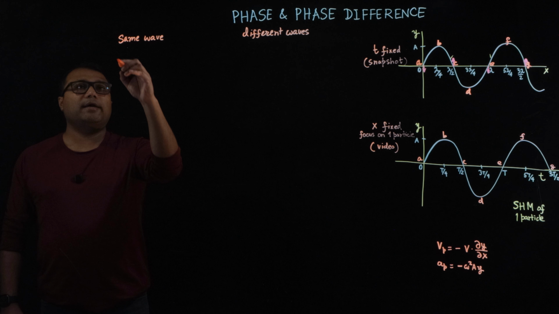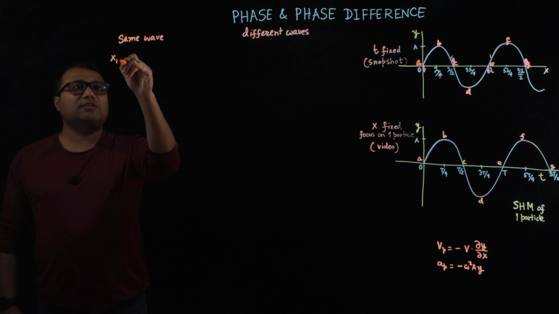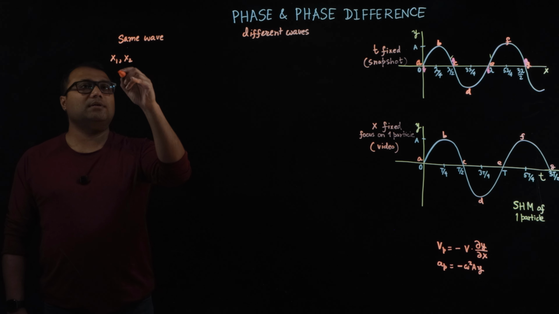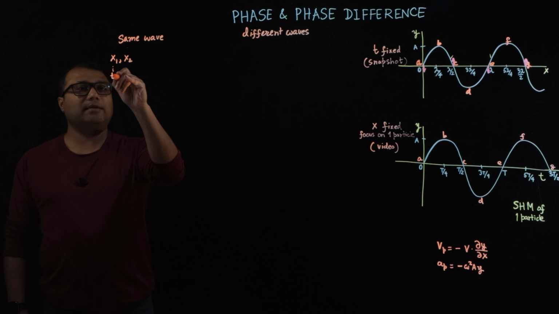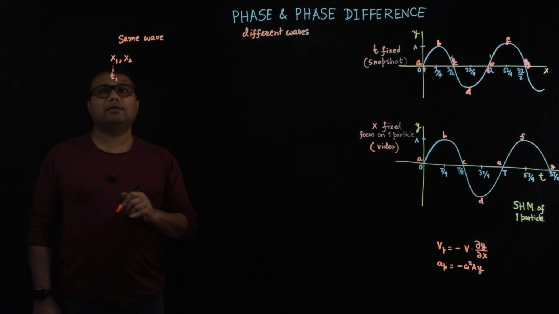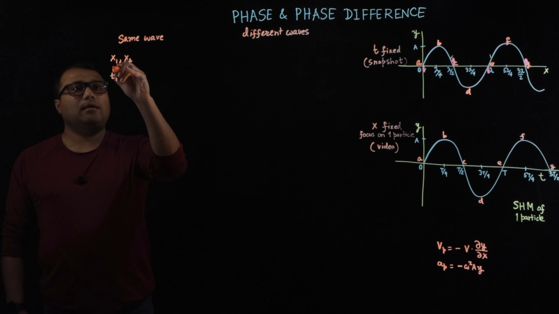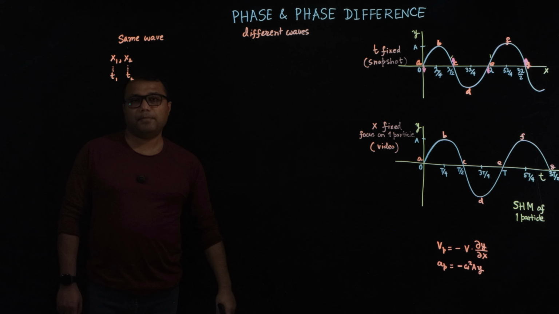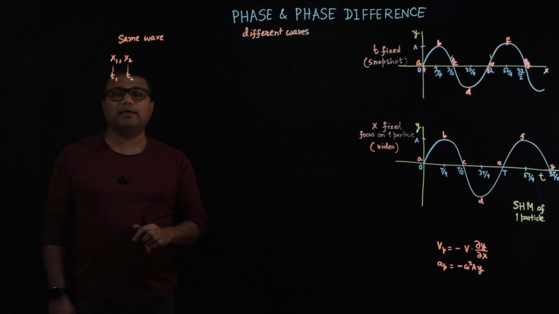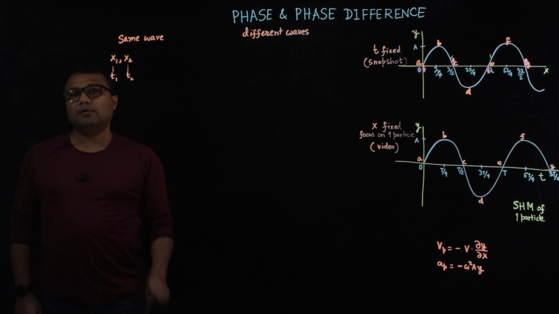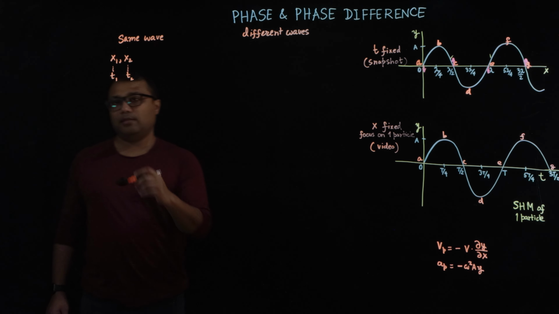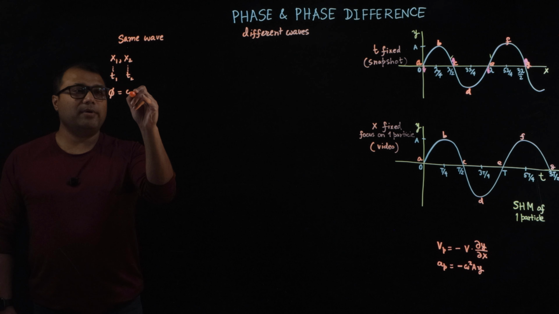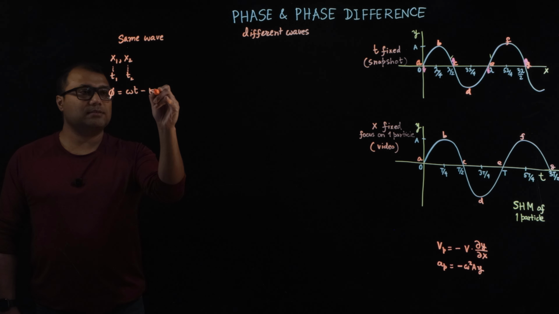Same wave, if we look at two different points, x1 and x2, at two different times, let's say x1 we are looking at it at t1 time, and x2 we are looking at it at t2 time. Then what is the phase difference between these two points separated by some time? Great. So I know my phase is omega t minus kx.